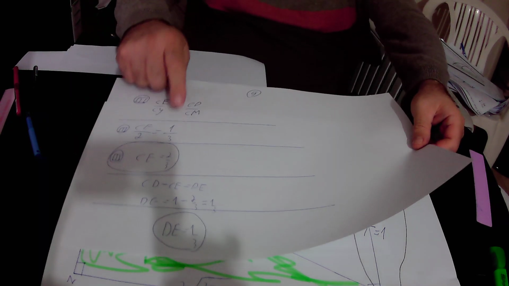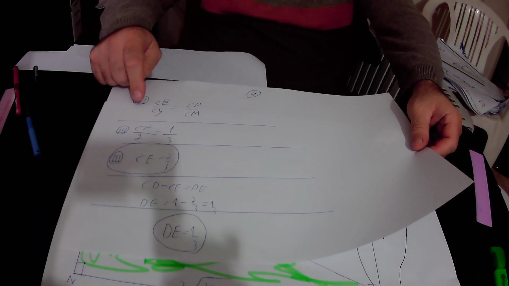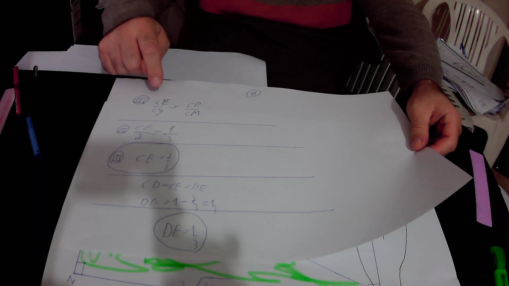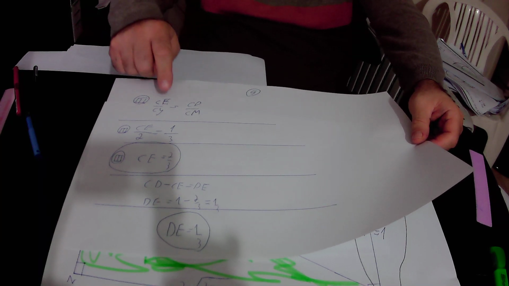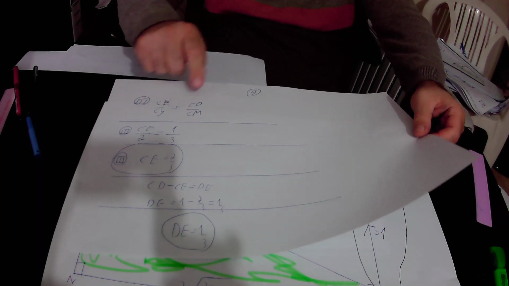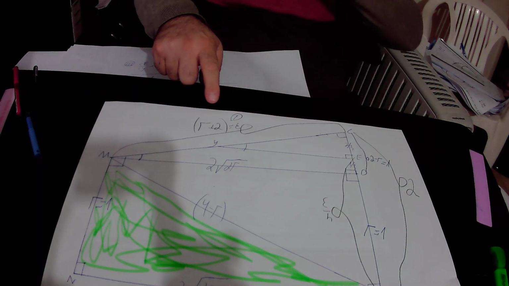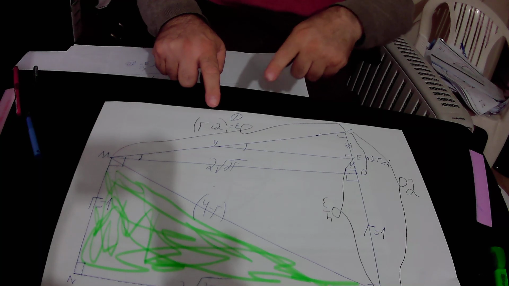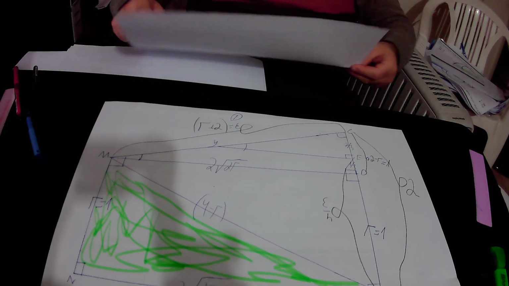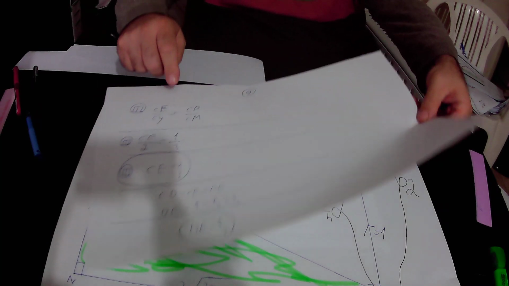So CD equals 1, and CM equals 2 plus R. CM equals R plus 2. R equals 1, so 1 plus 2 is 3. So CM equals 3 units.